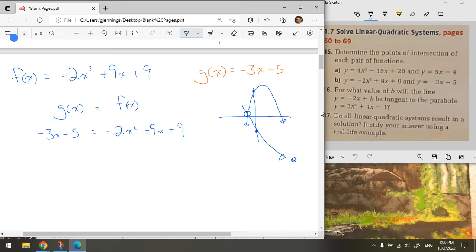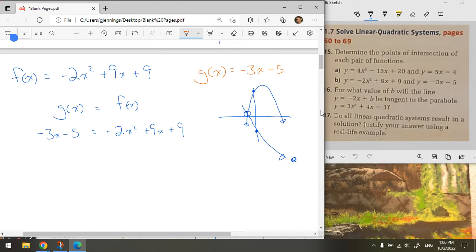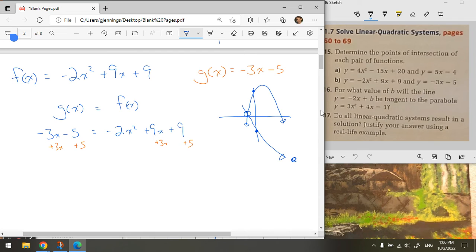So let's do our work here. We're going to do the algebra work to find those points that we quickly visualized. Plus 3x plus 5 to both sides. All right, so our next line is 0 equals negative 2x squared plus 12x plus 14.